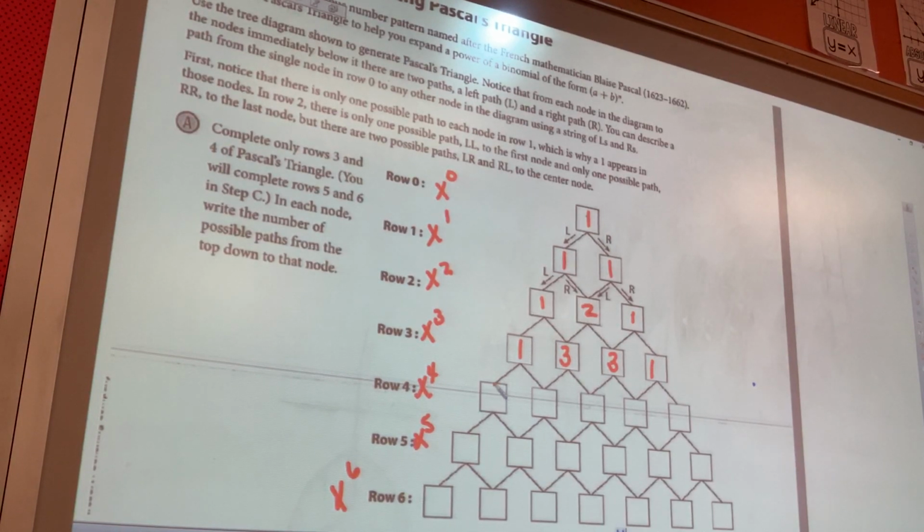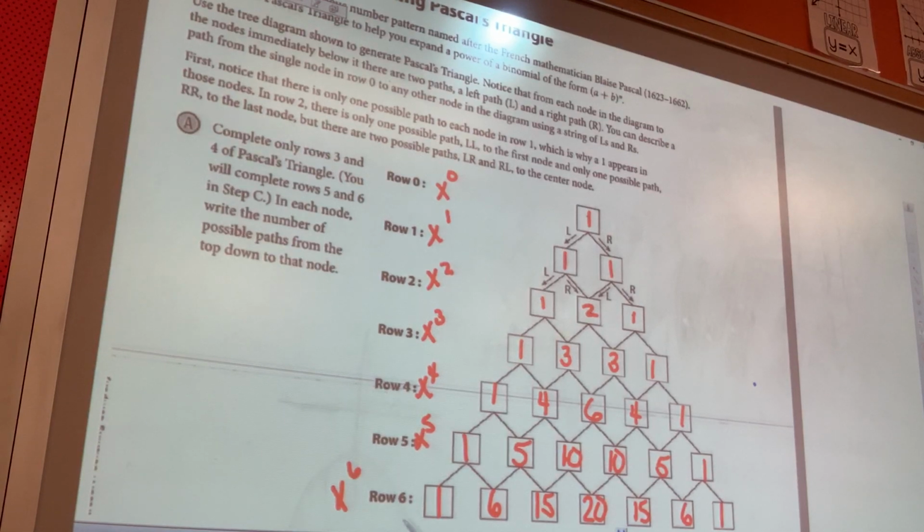Let's continue that same pattern. Ten, 10, 5, and 1. 1, 6, 15, 20, 15, 6, 1.